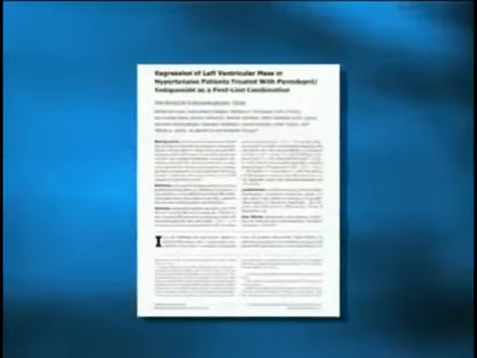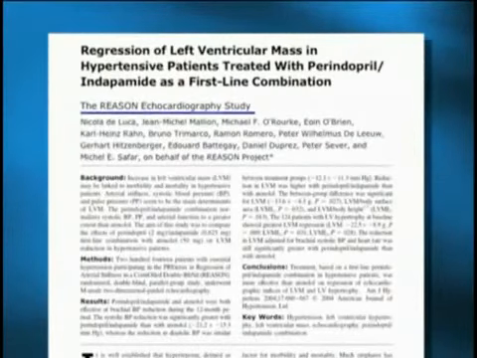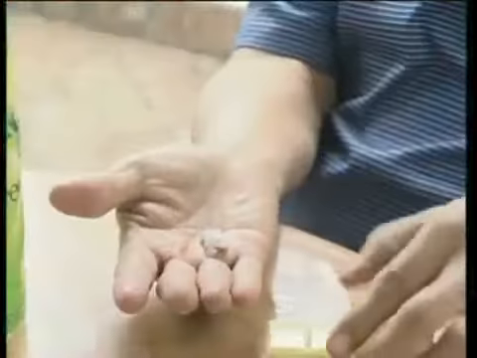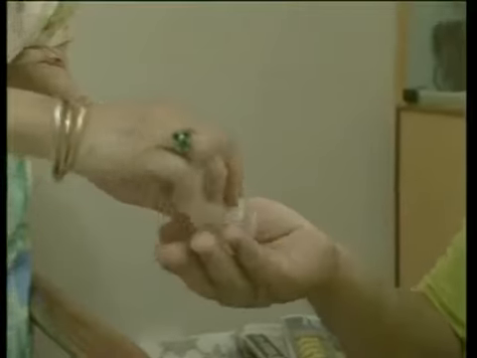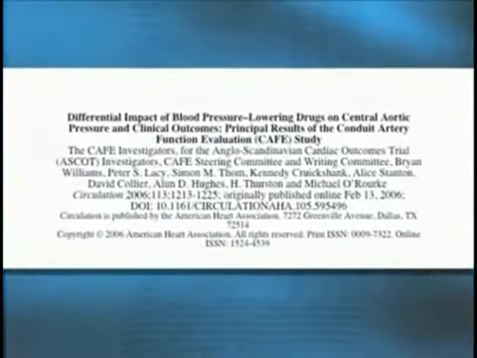And what is the significance of having a higher central aortic pressure? There are big studies like the CAFE study and the REASON study. All these studies have shown that different drugs can affect the central pressure differently. For example, in the CAFE study, we have two groups of over 2,000 patients followed up for the next 5 years on the same blood pressure level they have been kept at for 5 years. They are almost identical, and they are matched for age, for sex, for everything else.